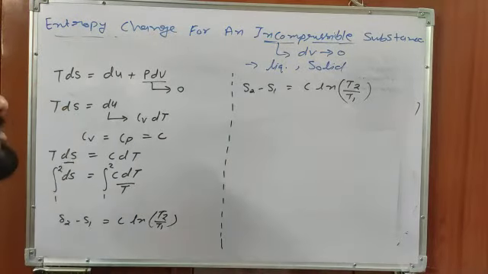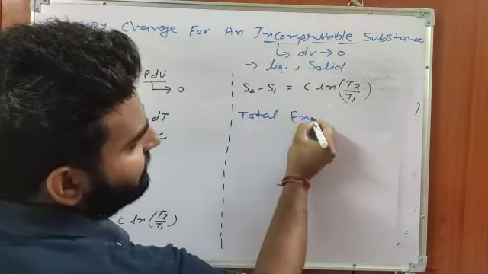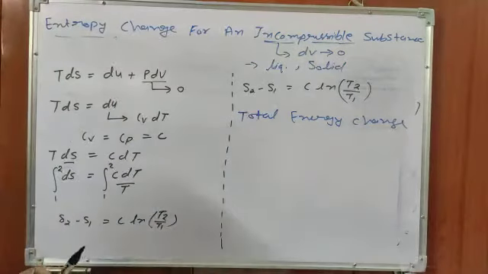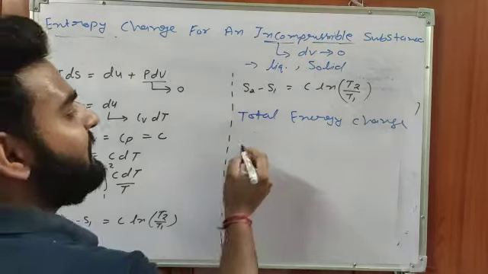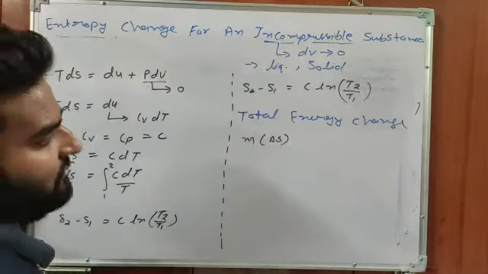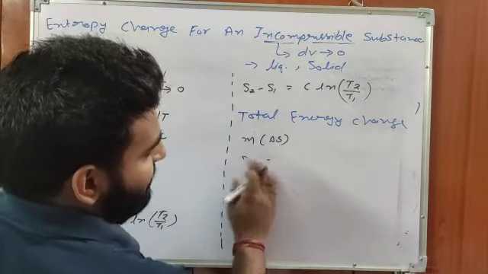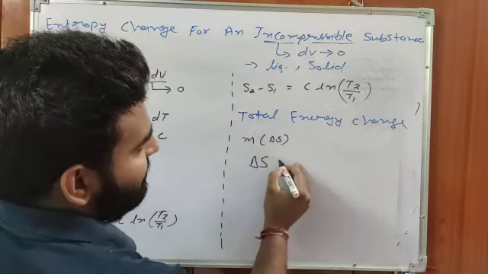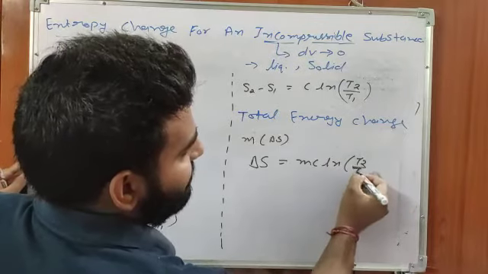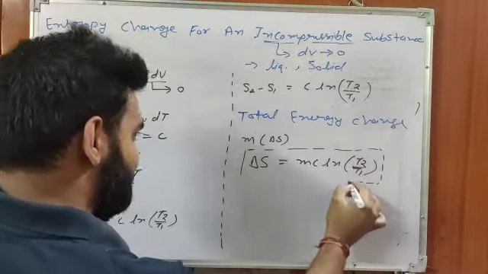But if you want to calculate the total entropy change, you simply multiply the mass with the specific entropy change. So delta S is equal to mC ln T2 divided by T1. This is the total entropy change of any incompressible substance.